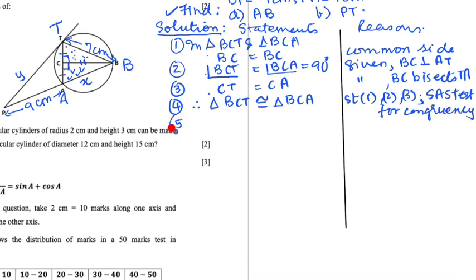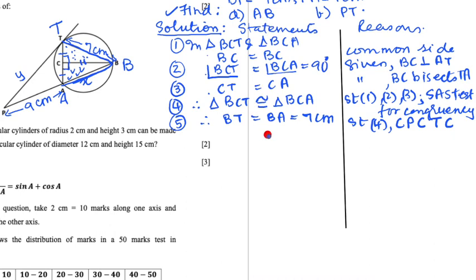And the fifth statement will be, therefore this side BT and this side BA will be equal, and BT is 7 centimeters, and this will be from statement 4, corresponding parts of congruent triangles are congruent. Alright, we had to find AB, so we'll say therefore AB equal to 7 centimeters, and this is our answer A.